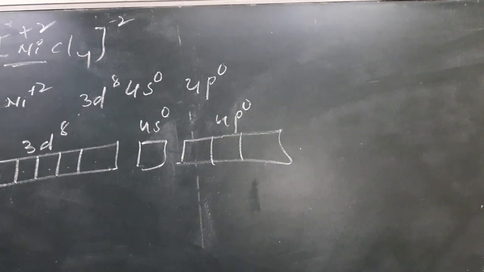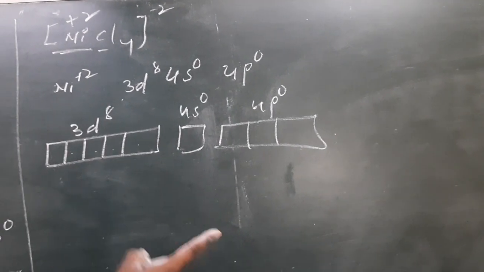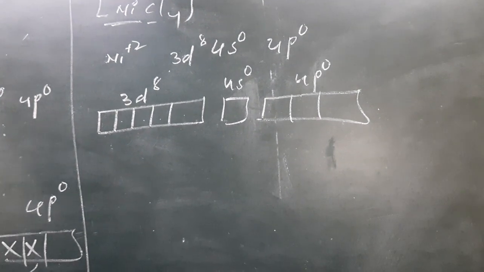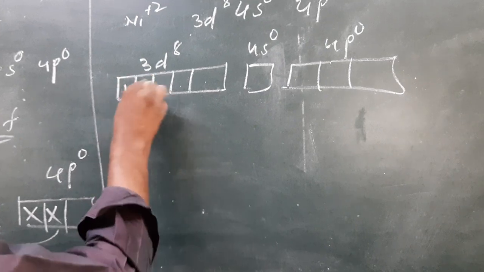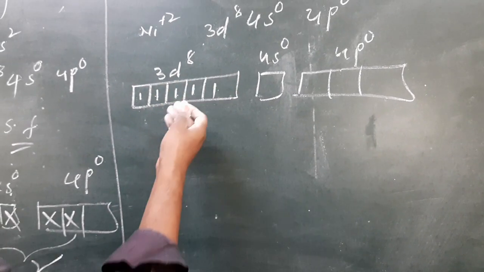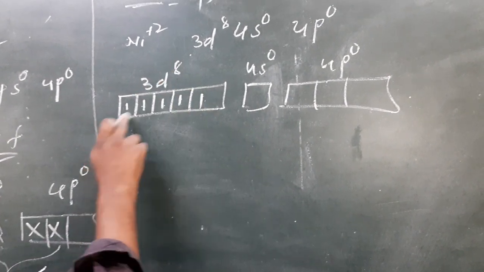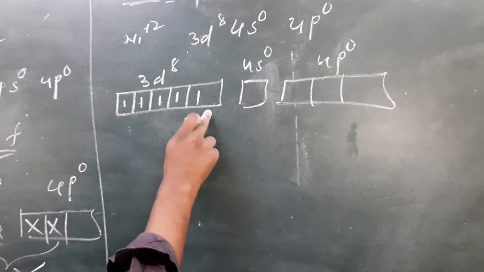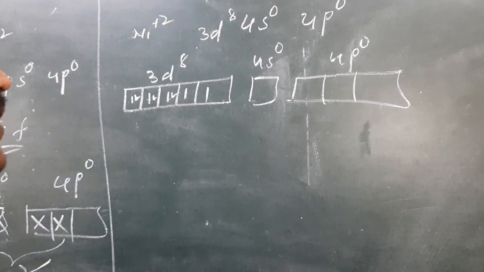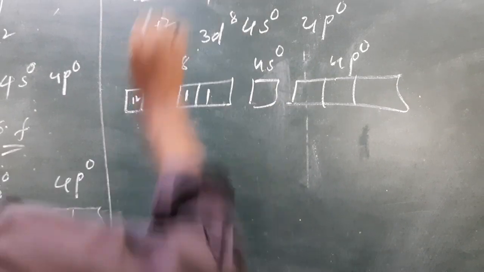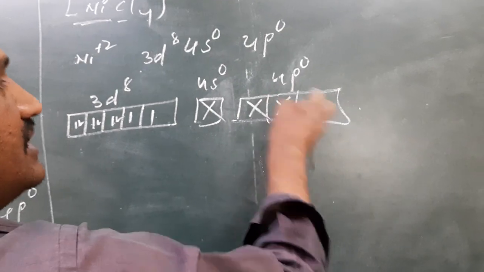By filling the electrons, here chlorine is a weak field ligand. So in the case of weak field ligand, Hund's rule is followed, meaning after filling these 5 d orbitals, only then pairing starts. So 3d8 configuration means after filling half, 1 2 3 4 5, next 6 7 8. Now the coordination number is 4, so 4 empty orbitals, 1 2 3 4.